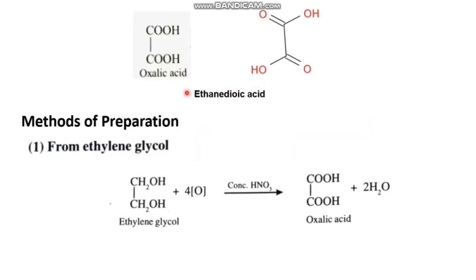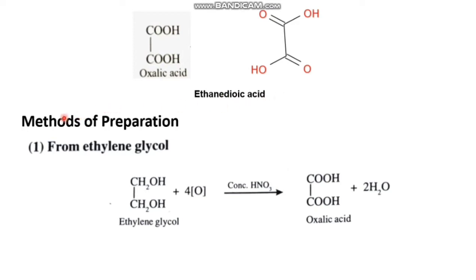We know that oxalic acid has the molecular formula C2H2O4. The structure is COOH-COOH, and the IUPAC name of oxalic acid is ethanedioic acid.